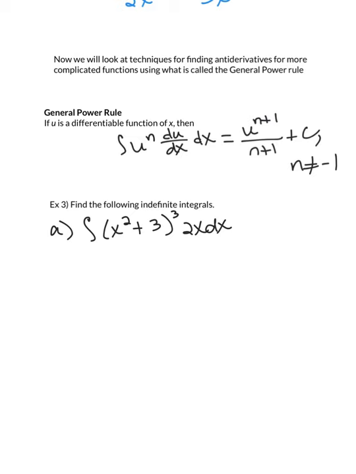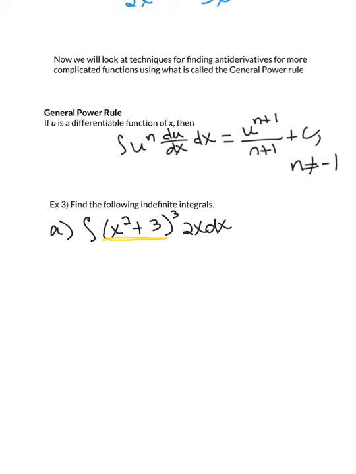An example of what I'm talking about with this general power rule, for example 3a, we are asked to find the integral of the function x squared plus 3 to the third power times 2x dx. When you look at the fact that we have a quantity to a power here, this is what we're looking for right now. We would have had to do the chain rule to get a derivative of that.